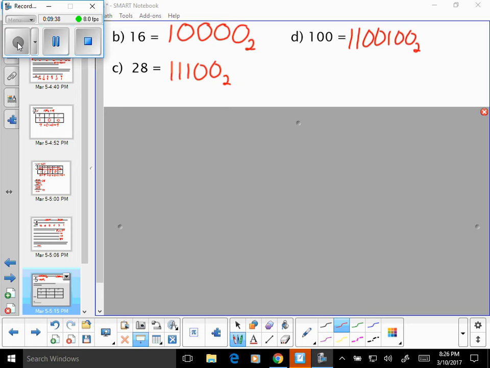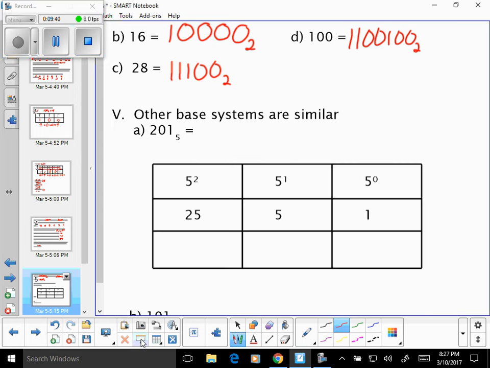Now, all the other number systems that we ever work with are going to be very similar. You're always going to be working with the powers. If the base is 5, that means I can use the digits 0, 1, 2, 3, and 4. And my place values are going to be 5 to the 0, which is 1, 5 to the first power, which is 5, and 5 to the second power, which is 25.